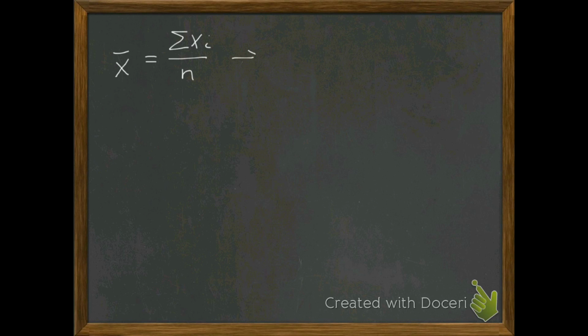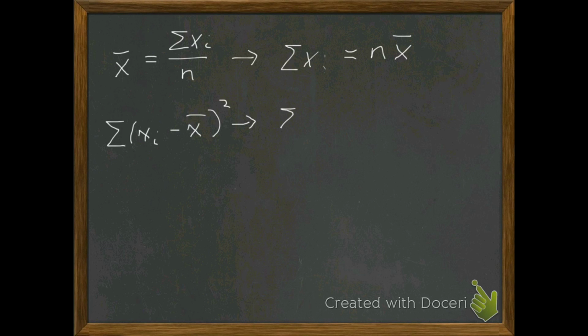So this gives us that the sum of the x sub i's can be found by taking n x bar, which would be really, really easy to find. And I think we've looked at this before, that the sum of our x sub i's minus x bar quantity squared can be expressed as minus n times x bar.